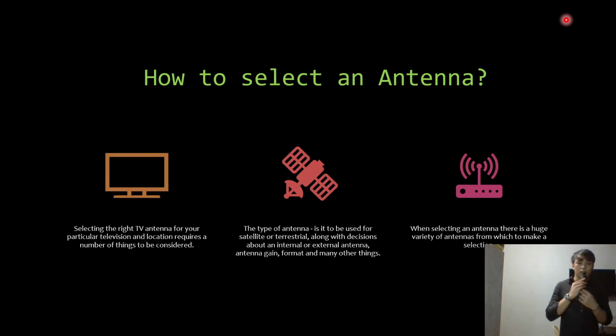What is it to be used for, satellite or terrestrial, along with decisions about an internal or external antenna, antenna gain, format, and many other things. When selecting an antenna, there is a huge variety of antennas from which to make a selection.